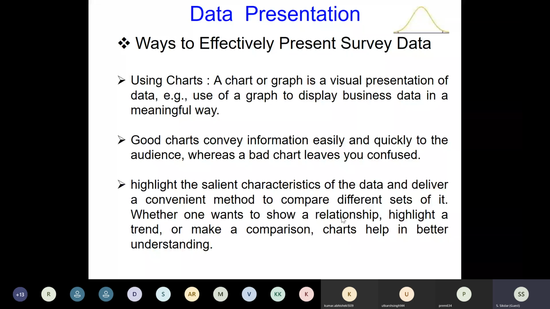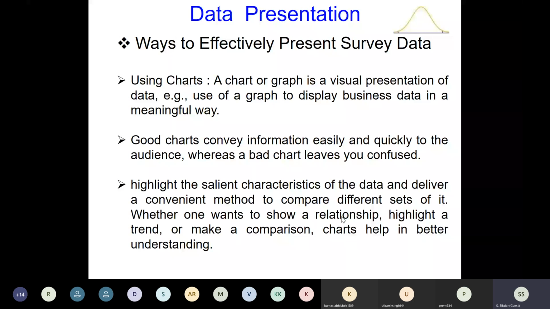But if it is put in front of you in the form of a chart, you get a visual idea of what the production was last month and what it is this month. Good charts convey information quickly. If it is haphazardly presented, you will never get the information about what happened last to last month, and whether the production rate is increasing or there is a really bad production rate happening. So you can make some sense.